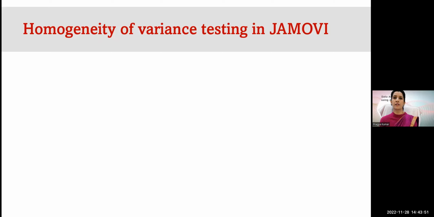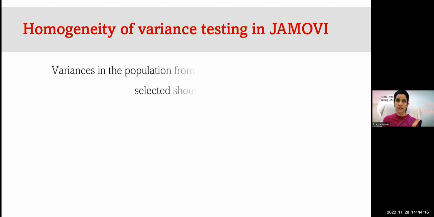So now, again, we have done this concept before also, that is the homogeneity of variance. So how do we test for the homogeneity of variance? For the independent sample t-test, we have seen that we did it through Levene's test of equality of, yes, Priya, rightly said, Levene's test of homogeneity of variance.